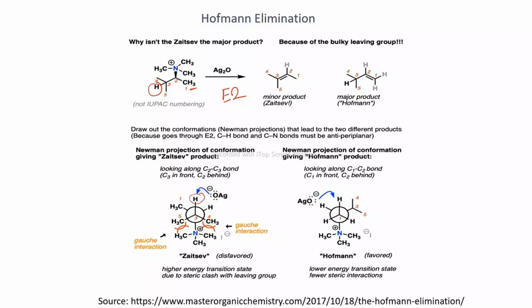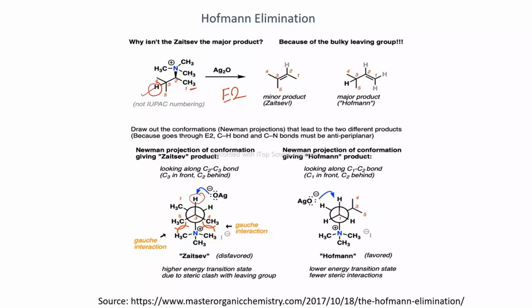Let's assume this hydrogen is the one being replaced. If we draw the transition state in the Newman projection like this, we observe a gauche interaction between the CH3 and this NCH3 group. That's why this type of transition state is disfavored.